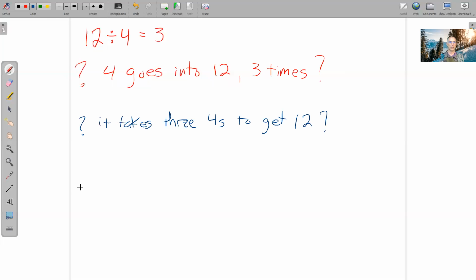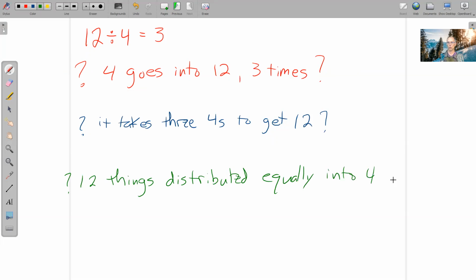And then another one: 12 things distributed equally into 4 groups. I'm just putting the question marks in front because I want to break them down and make sure we all agree on this.